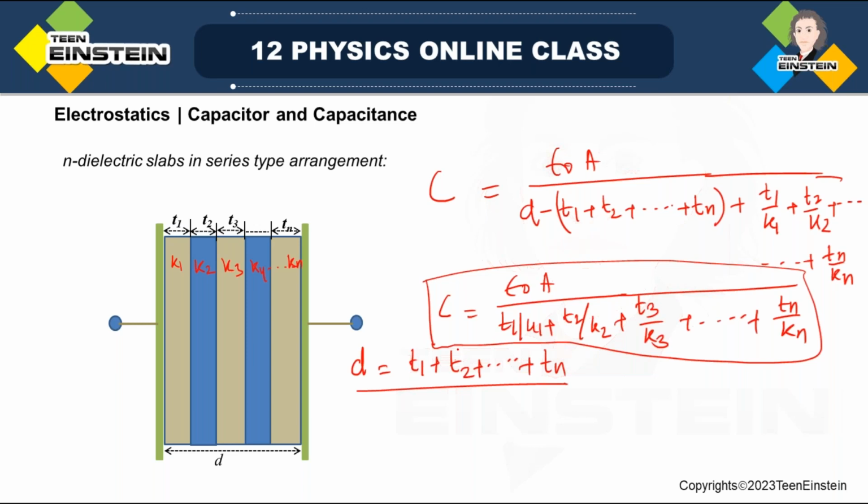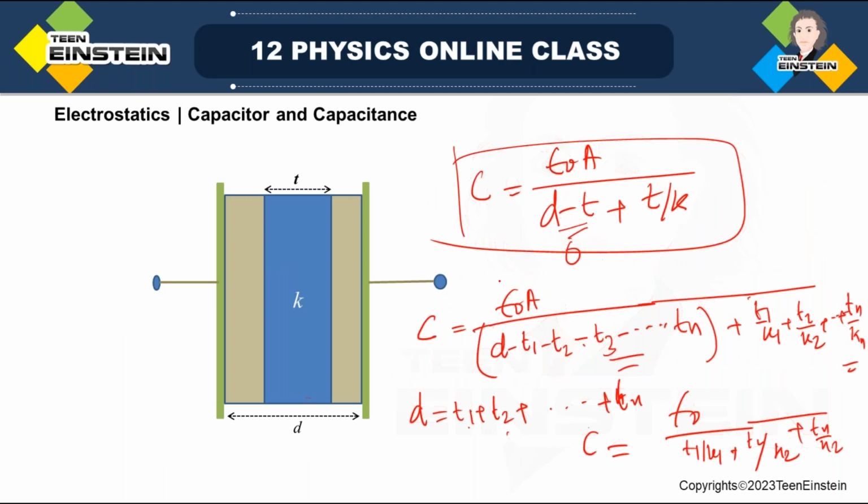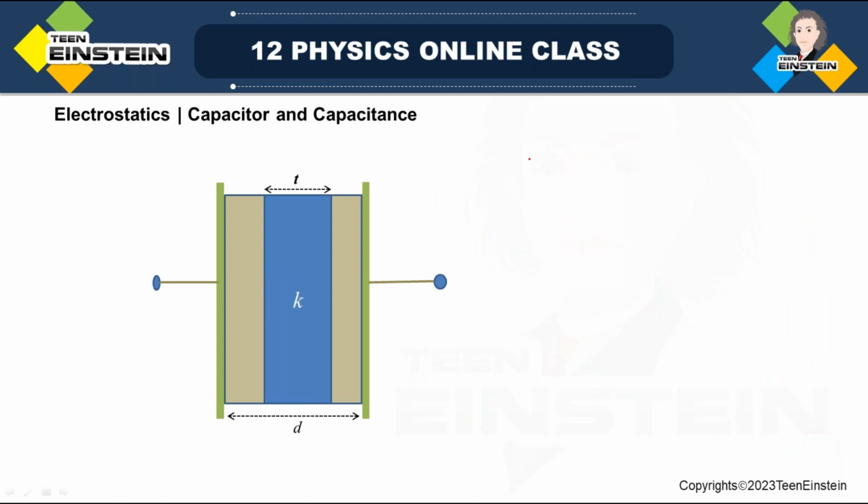And here one more good corollary is this. The capacitance is epsilon 0 A by (d minus t plus t by k).